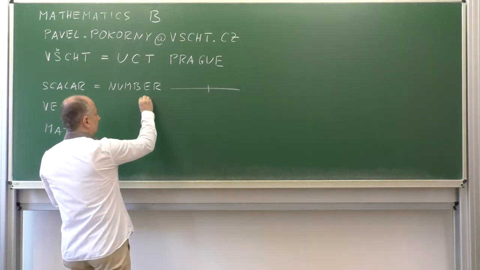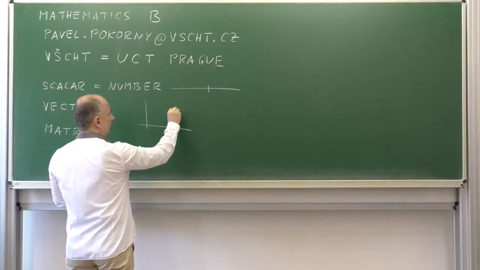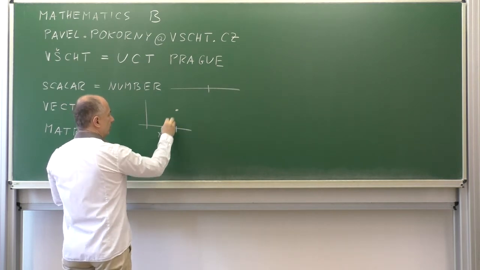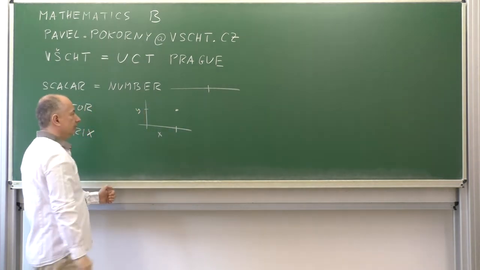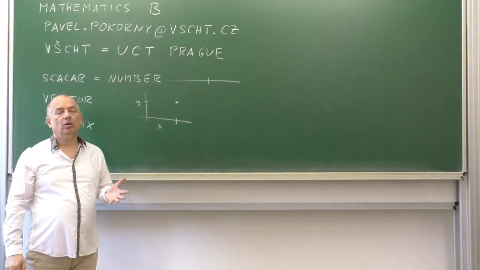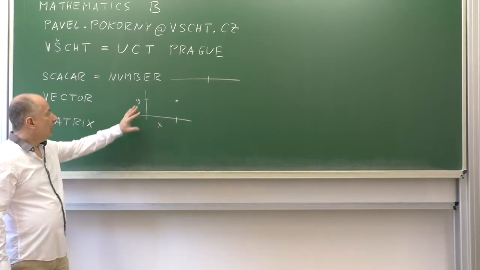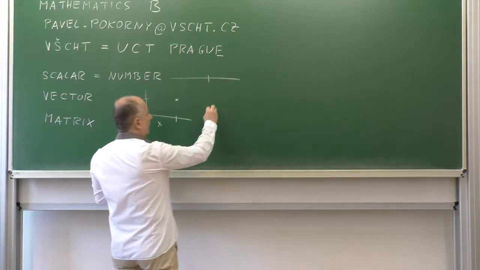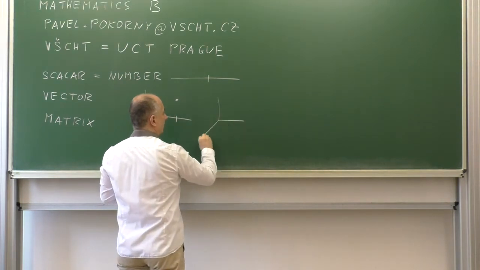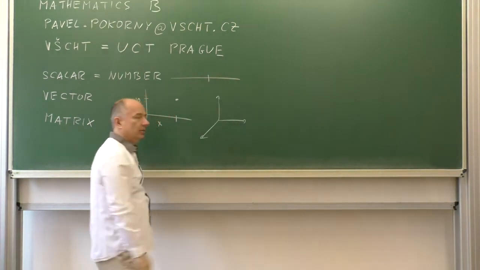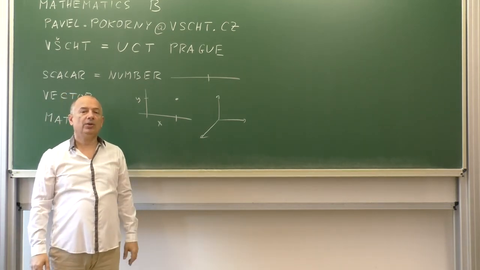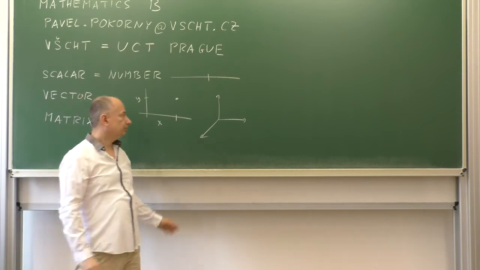An example, a position in a plane can be specified by giving two coordinates, x and y. So instead of one real number, we need two or more real numbers. When we are in a plane, we are just happy with two numbers. When we are in a three-dimensional space, then to specify a point in a three-dimensional space, we need three numbers.